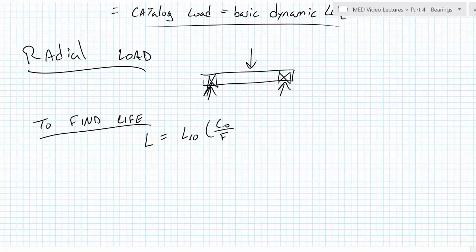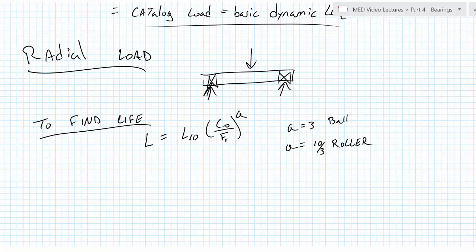F is the actual radial load that our object is under. C10 is the catalog load, and we raise that to the a, where a is either 3 for ball bearings or 10/3 for roller bearings. And then multiply that times the rated life.